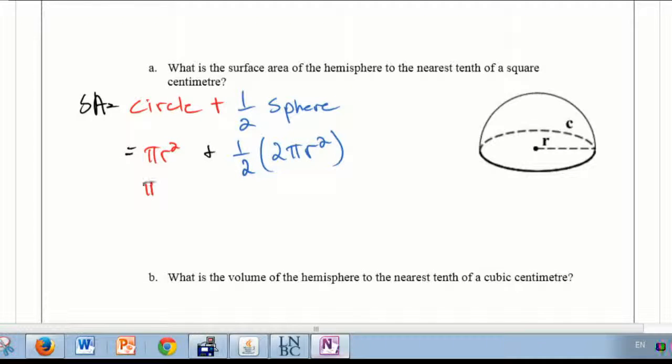So I have my pi times 5 squared. I'm going to add to it. What happens to my a half times 2 here? It just kind of goes away. It turns into 1. So a half times 2 is just 1. You can leave it if you want. Maybe I will. Half of 2 pi, and in this case I have 5 squared.